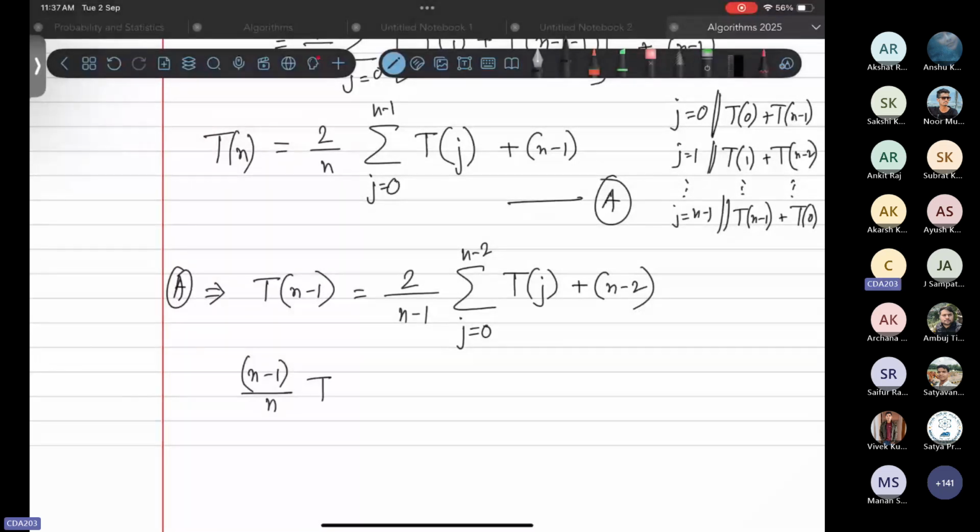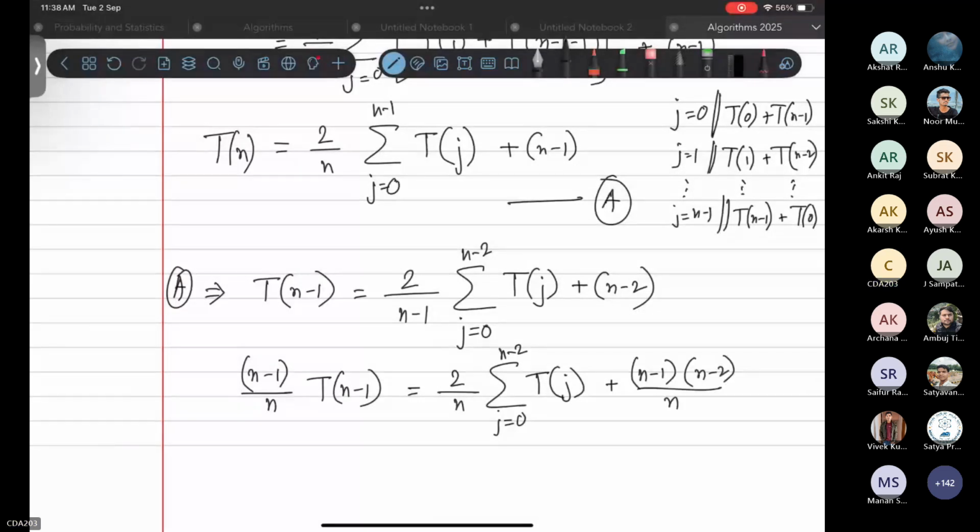So I'll have T n minus 1 equal to summation j runs from 0 to n minus 2 of tj, multiplied by n minus 1 divided by n. Is this okay?